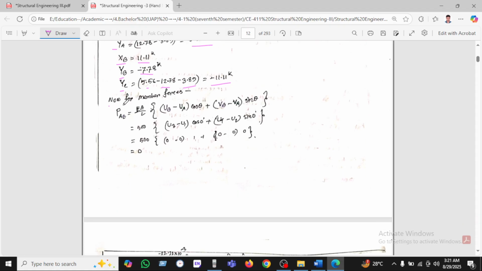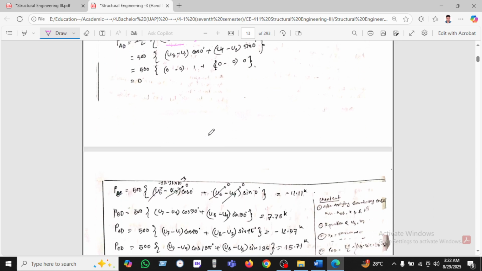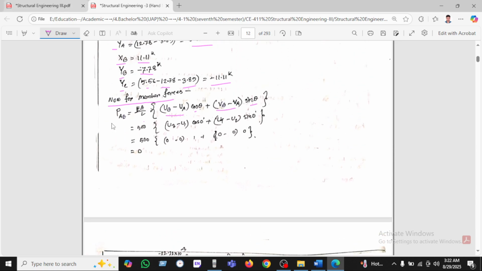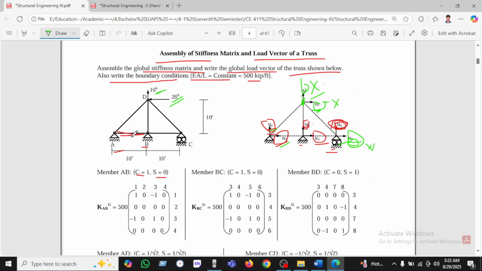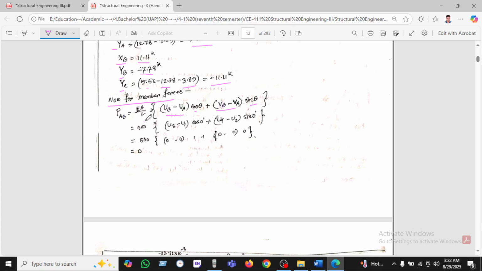Now for the member forces we can use, as we know, AE divided by L, (UB minus UA) cos theta, and (VB minus VA) sin theta. So let's see PAB. This member force is AE by L times the deflection, UB minus UA.